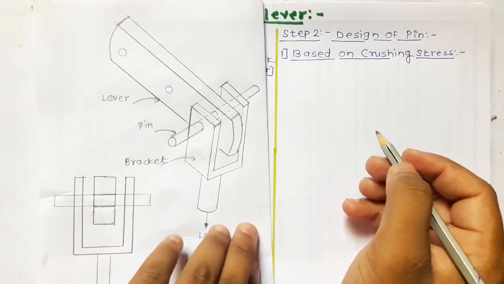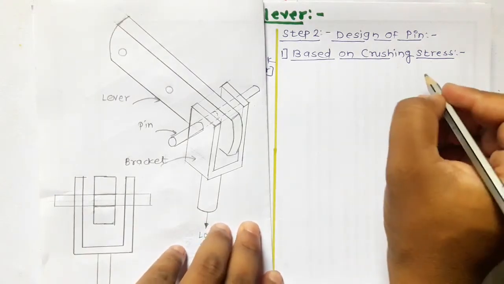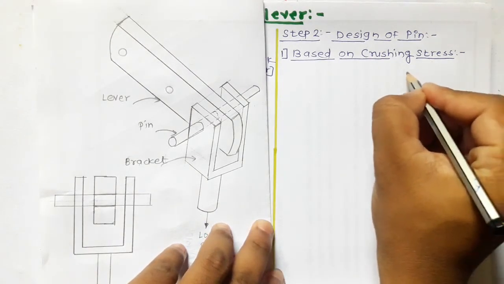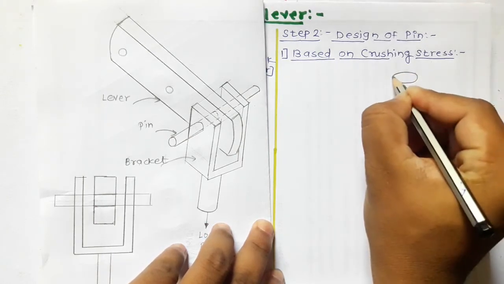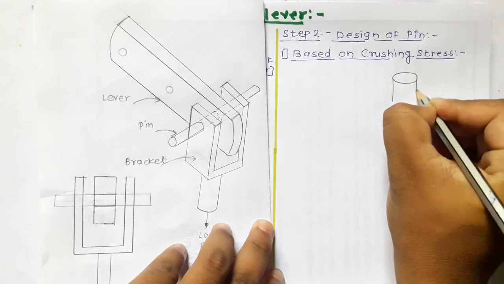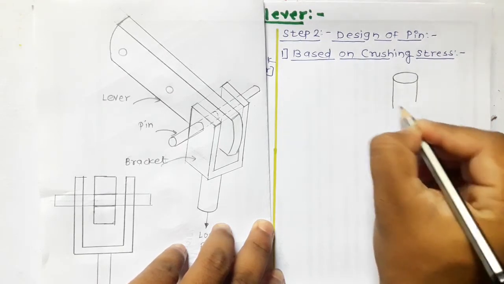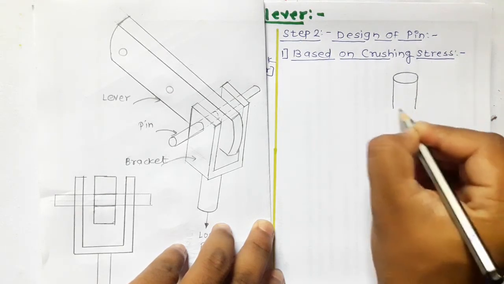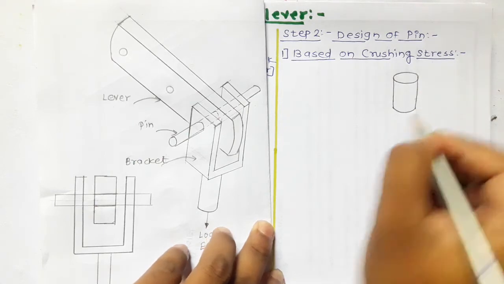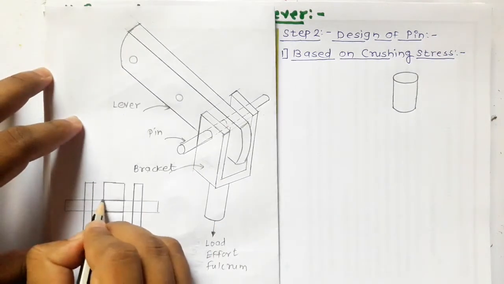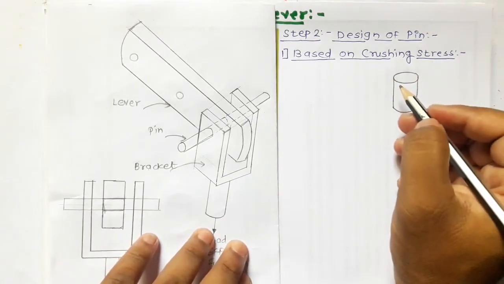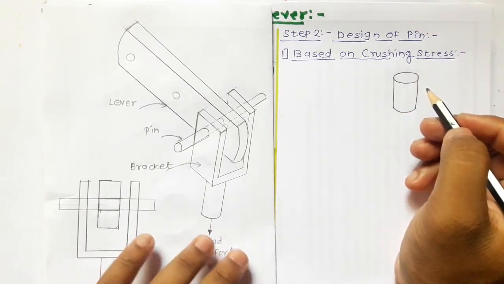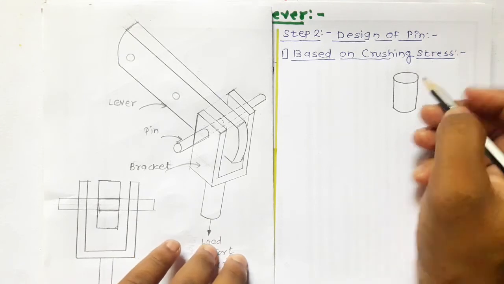Now in order to find the area subjected to crushing stress, we have to draw the diagram like this. We have to consider the portion of the pin subjected to crushing stress. We don't have to consider the total length of the pin, only this much portion of the pin is subjected to crushing stress. And to find the area subjected to crushing stress, we have to take the projected area.